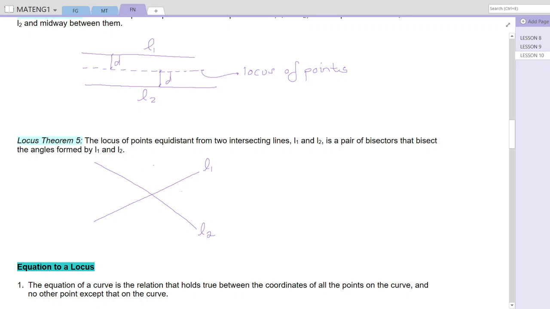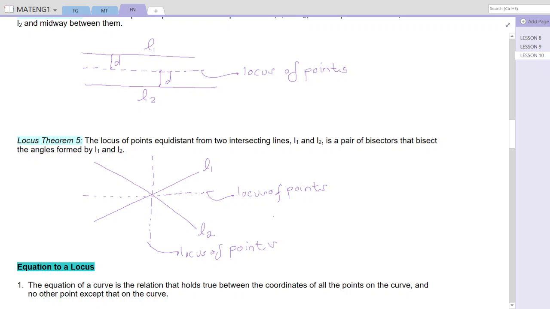So if we are going to draw a bisector, that is perpendicular to each other. So these are the locus of points, and this one also is the locus of points. So the two there are the loci of points.